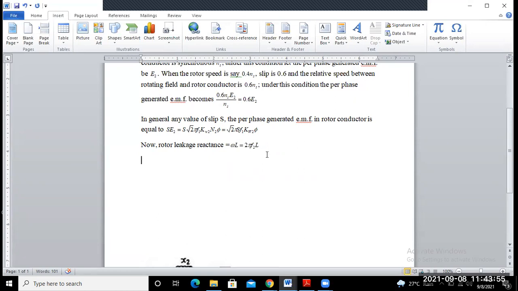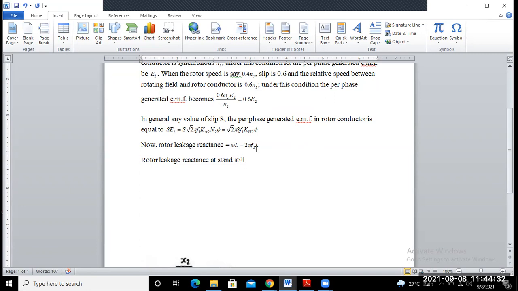So the rotor leakage reactance at standstill equals 2 pi F2 L2 equal to X2.